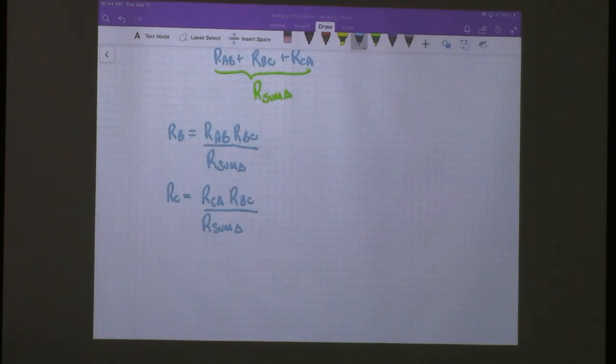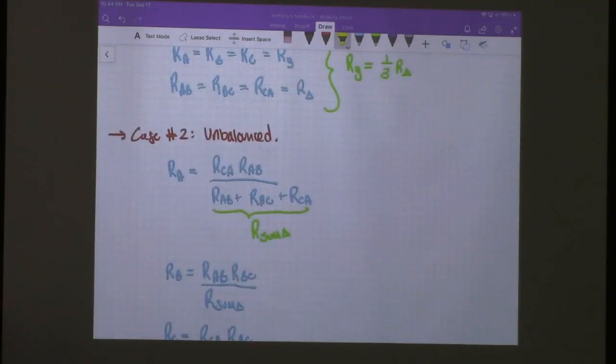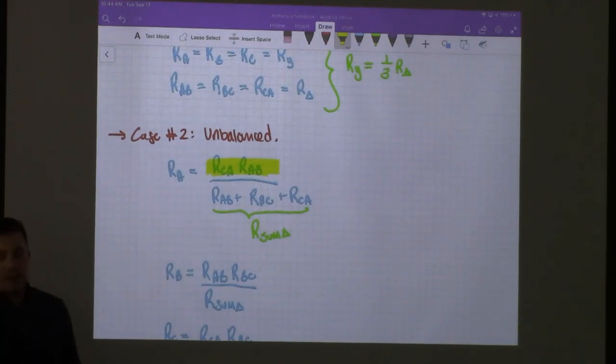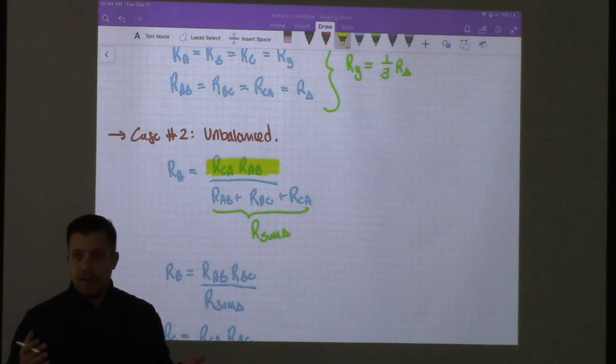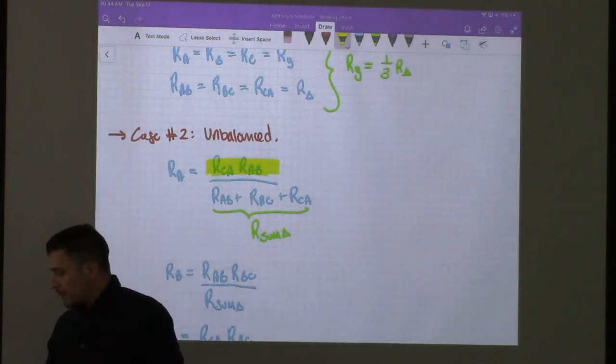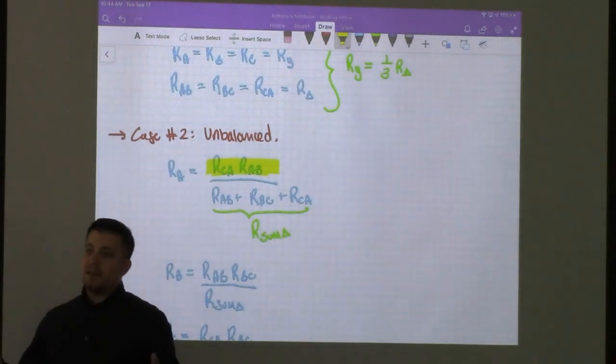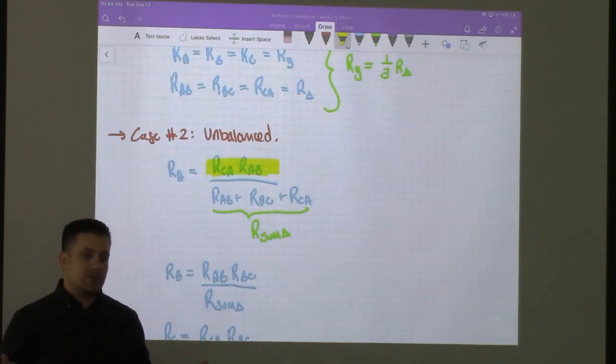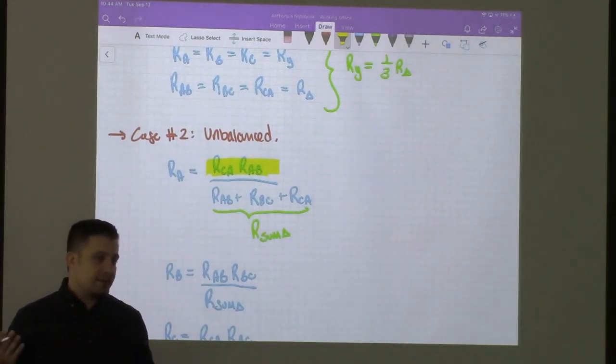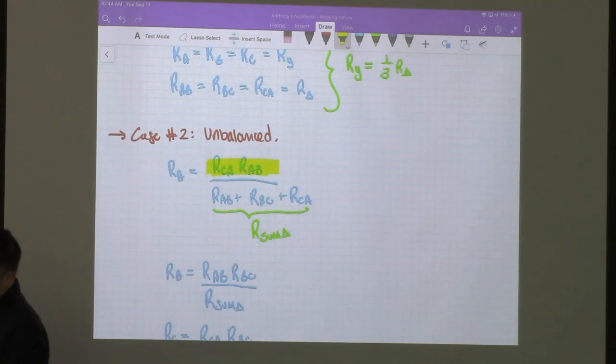One little trick you can see about the numerators is, it's just the two resistors that touch the node. Right, for RA it's RAB and it's RCA. For B it's AB and BC. Essentially you exclude the one resistor that doesn't have the letter in it that you're concerned with.